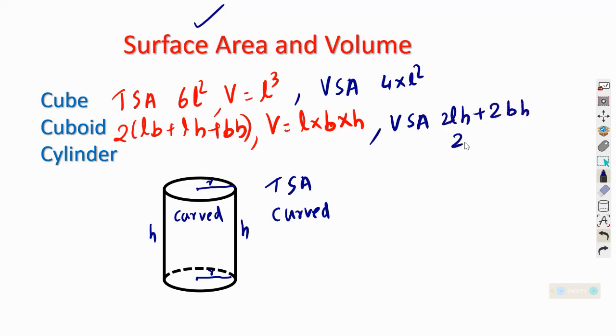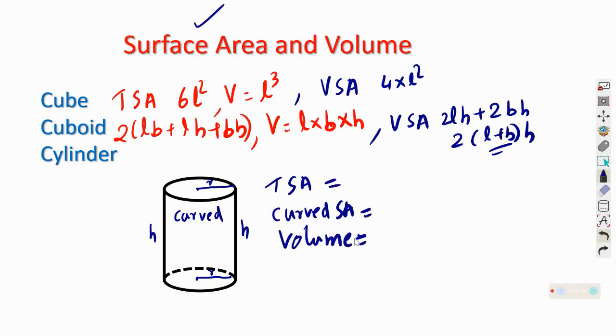That means 2 into L plus B into H will be the formula. Now coming back to the cylinder, where you will have curved surface area, total surface area, and you also studied about the volume of it. These are the 3 things you know.